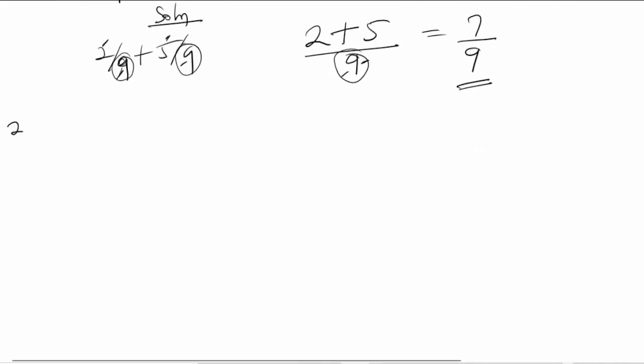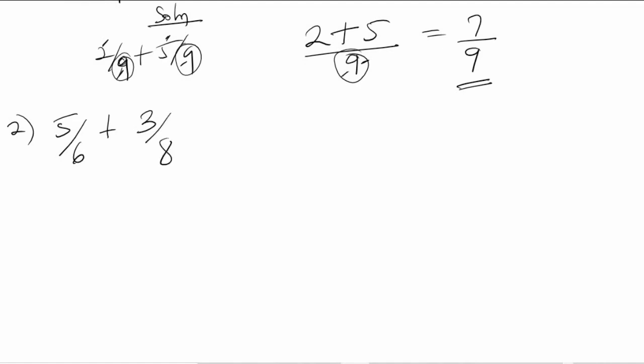Let's take another example. We have 5 over 6 plus 3 over 8. In this case, the common multiple of 6 and 8 is 24, or the LCM.